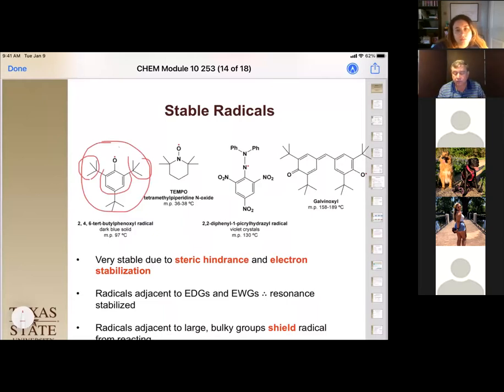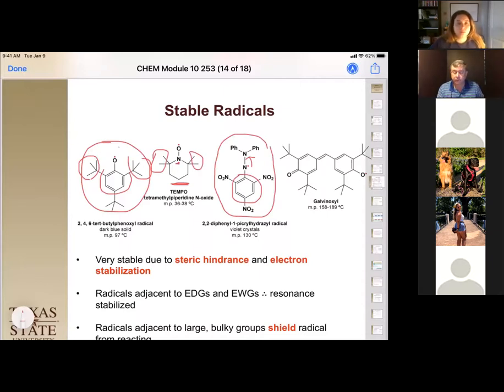Now, if we move over to something like TEMPO, right here, we have, again, a steric demand here, and a steric demand here, plus we can stabilize that radical with the lone pair on nitrogen here. In the case of this big thing here, we can also stabilize it with the nitrogen here or stabilize it around the ring, okay, so that we can have both resonance and those electronic effects.